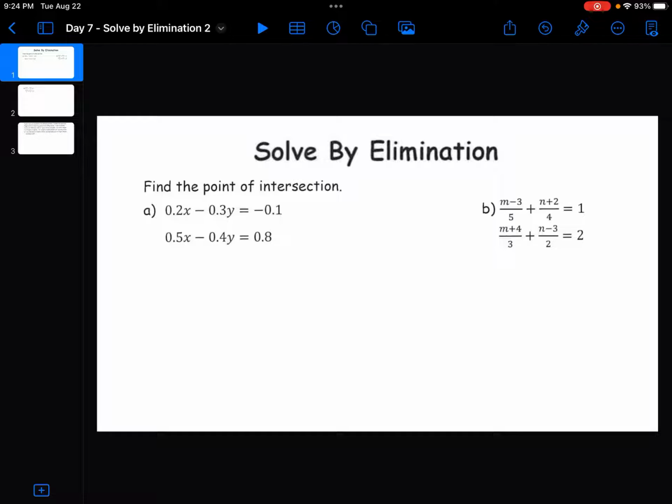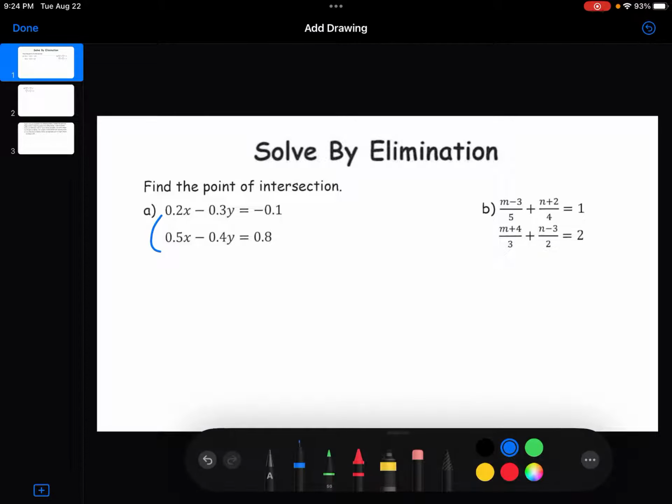If I wanted to, I could make everything some multiple of 10. So I'm going to move down like this and move below. So 2x minus 3y equals negative 1. And then I could move this one down here and have 5x minus 4y equals 8.